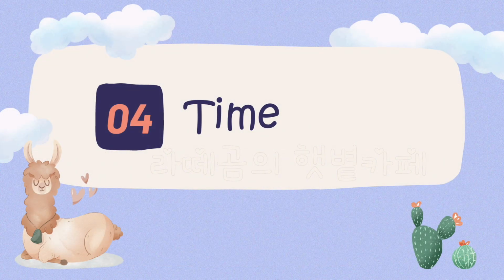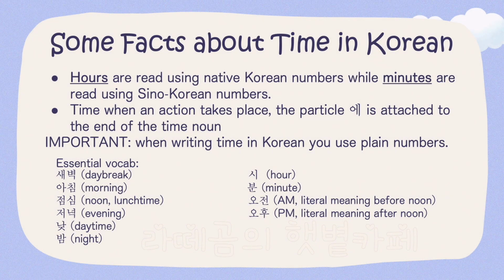Next, we'll be going over time. Time can be a bit tricky for new learners, and you'll see why in a second. So now you must know that when telling time, hours are read in native Korean numbers, but minutes are read using Sino-Korean numbers.